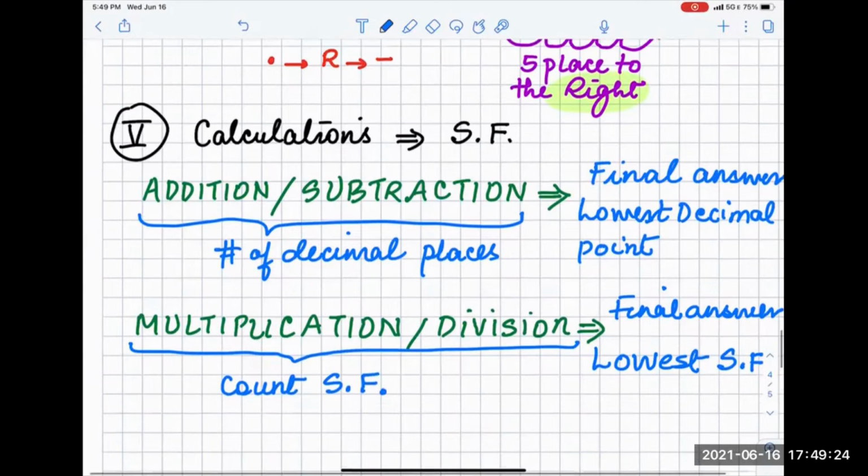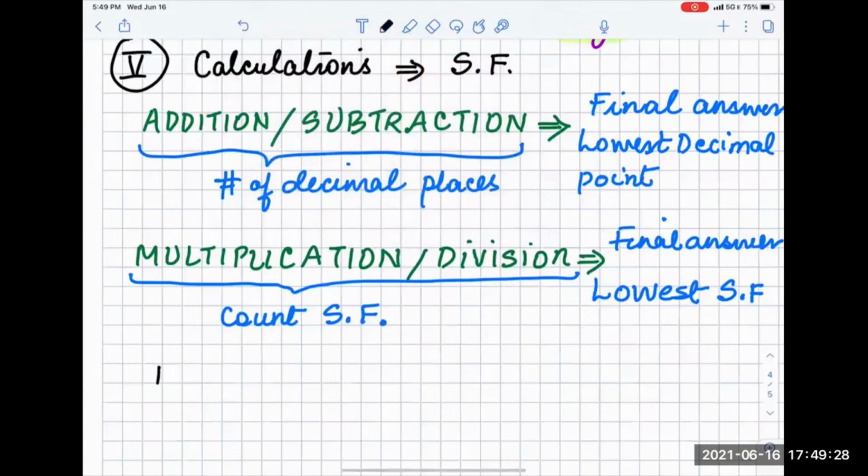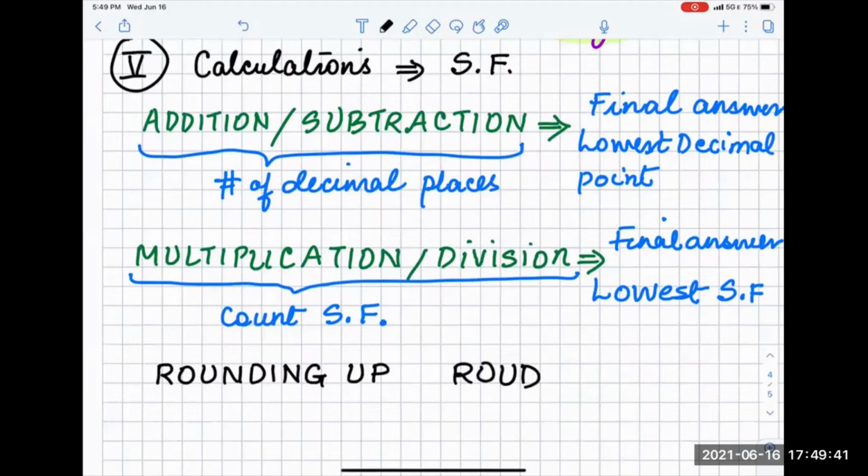Now, based on that, I'm going to add another important aspect, which is rounding up and rounding down. Rounding down is used by people who are estimating.